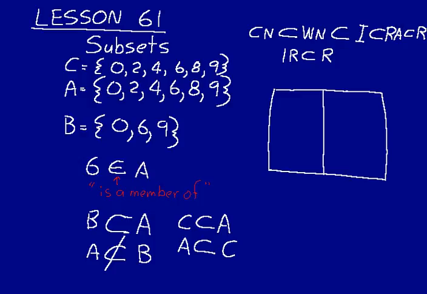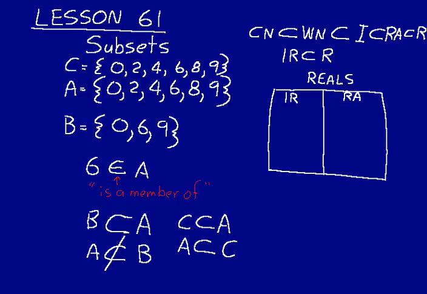So within the big box are all the real numbers. On the left side, we'll call these the irrational numbers, IR. And on the right, we'll consider all of these the rational numbers.